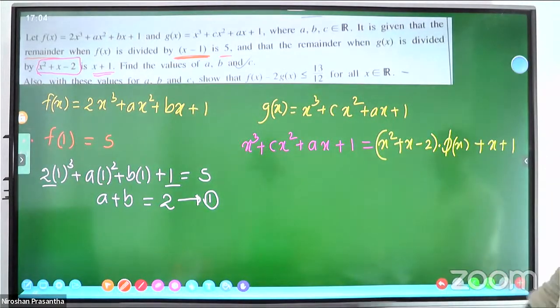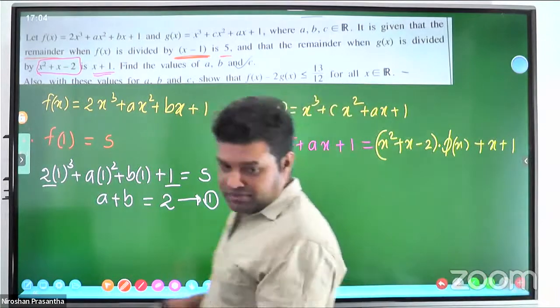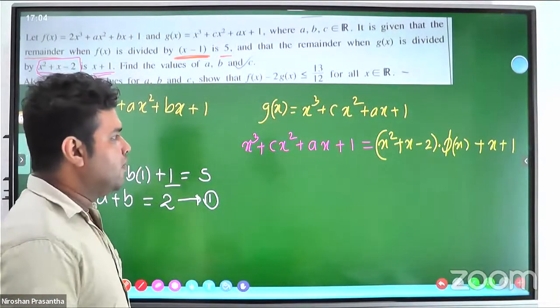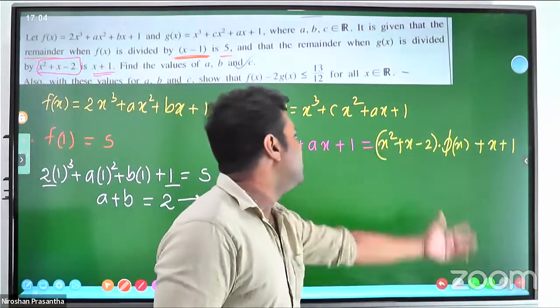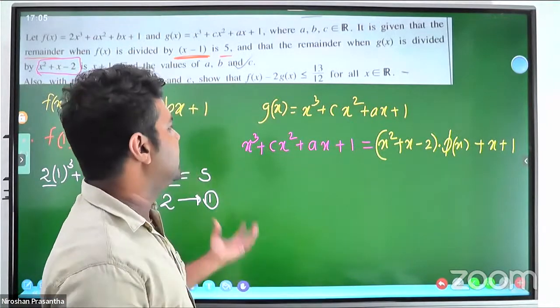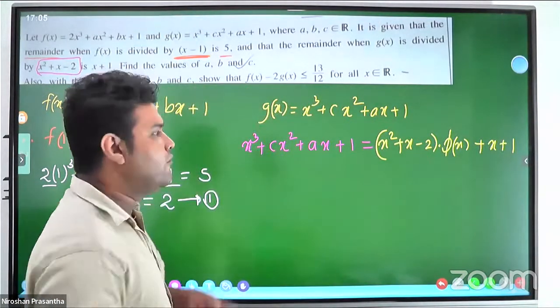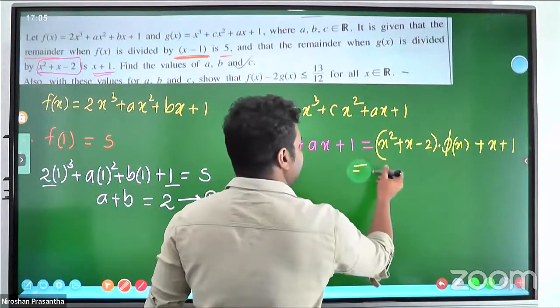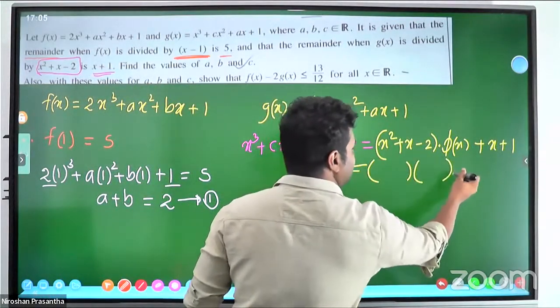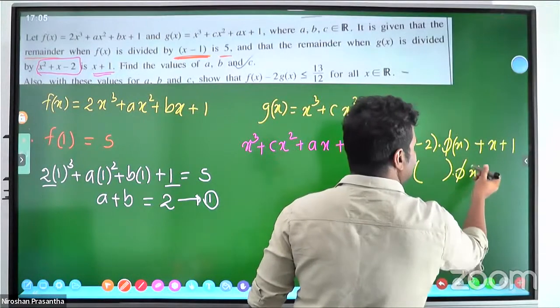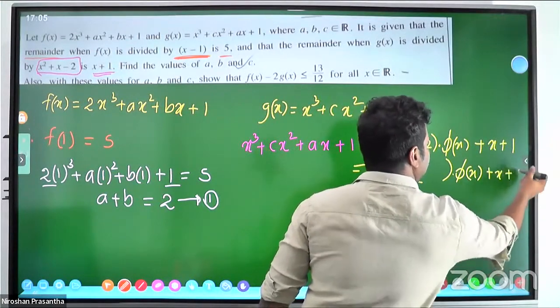To find a, b and c, then you must have factors, or otherwise constant equations. But this time for the quotient we don't know, therefore definitely we must have factors. We must further write down the factors belonging to this, and next find out the values.